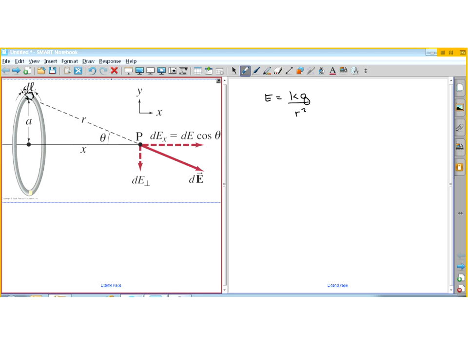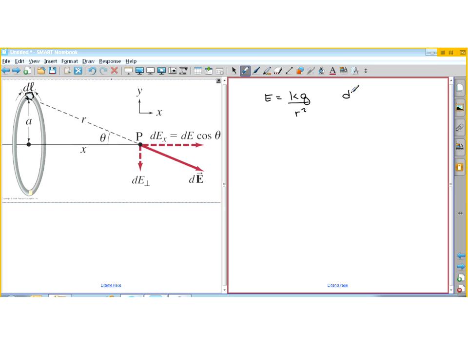Because this has an infinitesimal size, it's also going to have an infinitesimal charge. So we use the differential form of the definition of the electric field. You're going to have dE, which is a differential of the electric field. K is a constant, and you're going to have dQ here, so it's a small charge.